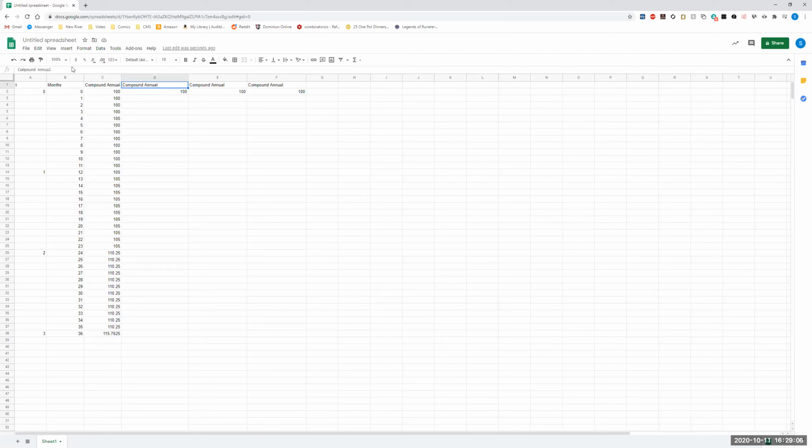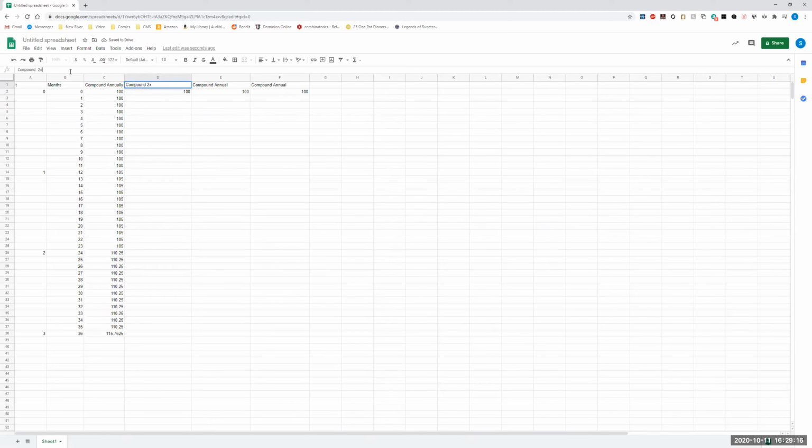However, when we compound for different amounts of time, this will change. So this was compounded annually. Next, we wanted to look at compounding twice per year, which was semi-annually. And so this time, the $100 will stay the same for the first 5 months.